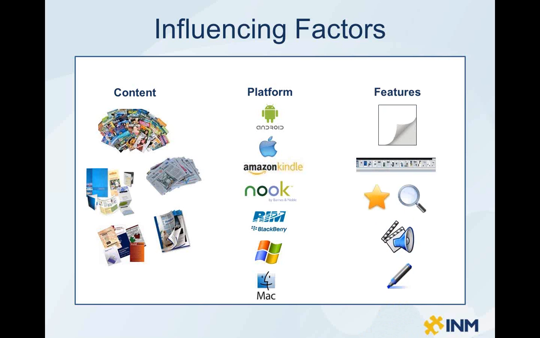The next thing that you want to keep in mind is the features. As you look at your audience and you look at your content as well as the platform, the features are going to start showing up, and you're going to start seeing that there are essential features that you're going to want to offer to your users. This could be either from their own point of view as well as from your organization's point of view.